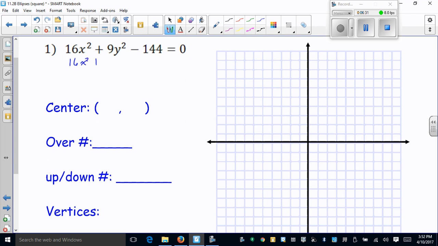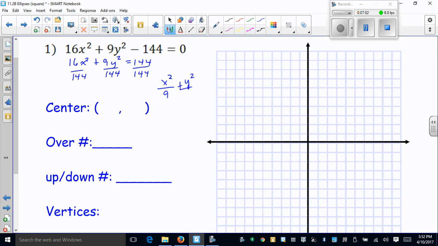Divide by 144. And you get x squared over, oh, let me do the math, since I don't have this one ready. Actually, I do. Over 9 plus y squared over 16 equals 1. There's your equation you're used to.